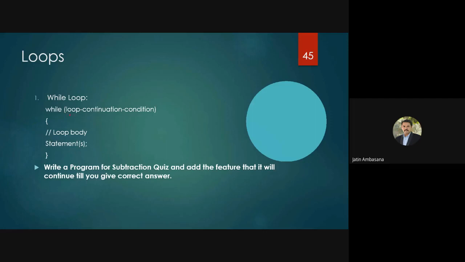While loop has a condition in the start, and then the loop body is there. If this particular condition evaluates to true, then the control goes inside the loop, or else the control goes outside the loop.